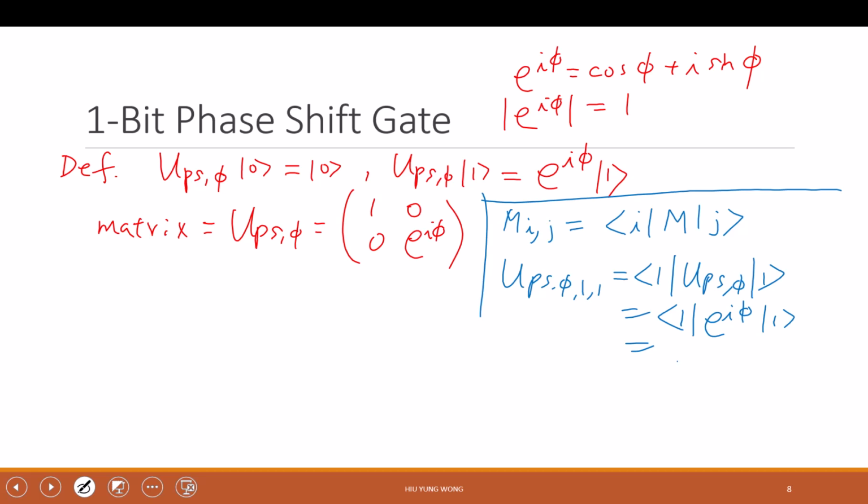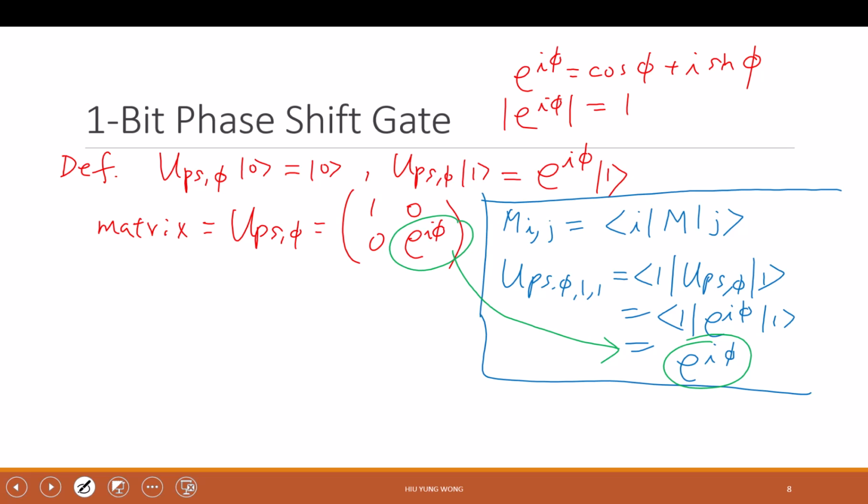So this is just equal to e to the power i phi. Correct? And that is how I can construct this matrix if I really want. If I don't know how to find the element, I can do it in this way. Or we can already see this because this is simple enough. So in principle, you can construct all the matrices using all the elements by this method. Yeah, questions?